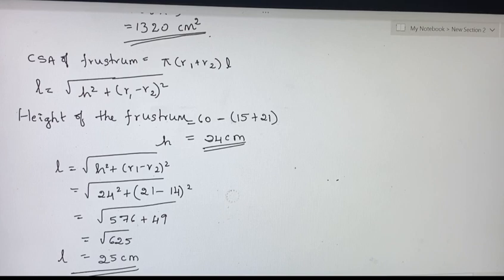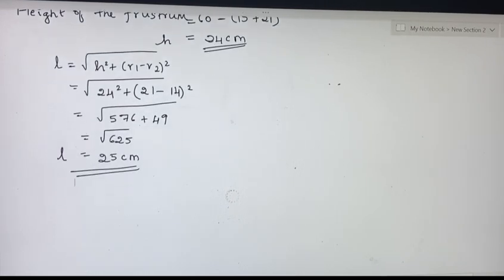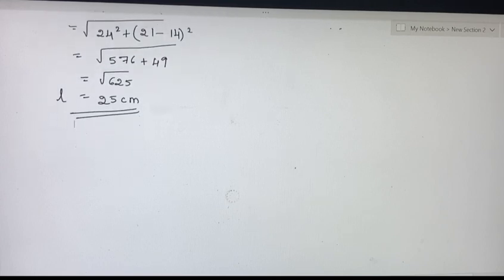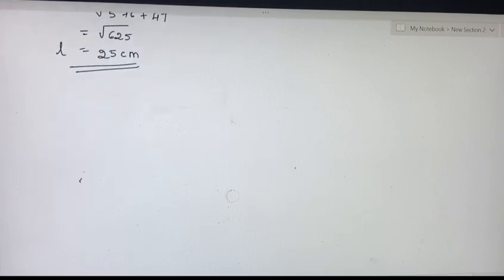So since we know the L of the frustum, we can find the CSA of the frustum. We know the formula for the CSA of the frustum, that is nothing but pi (R1 plus R2) into L. So I'll write it again.